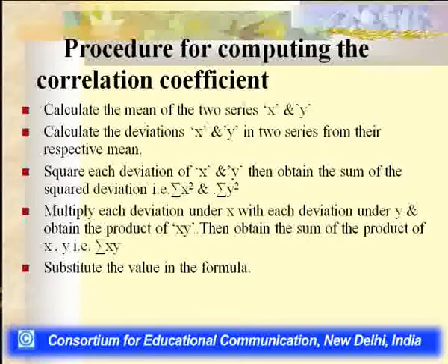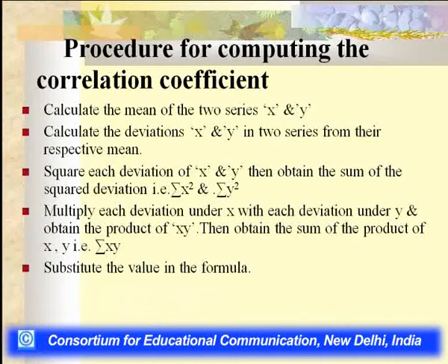So d here means deviations. This is the procedure in front of the screen. First you have to calculate the mean of the series, then you have to calculate the deviations from the mean of the series x and y, square them, and then apply that formula to interpret the results of the coefficient of correlation.